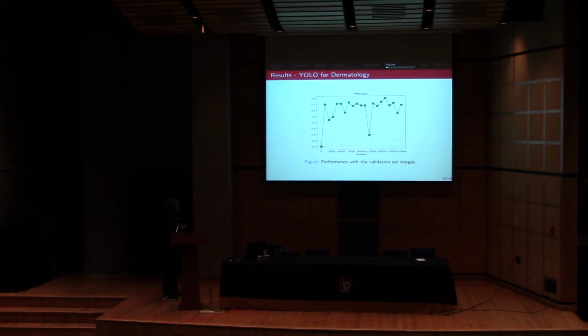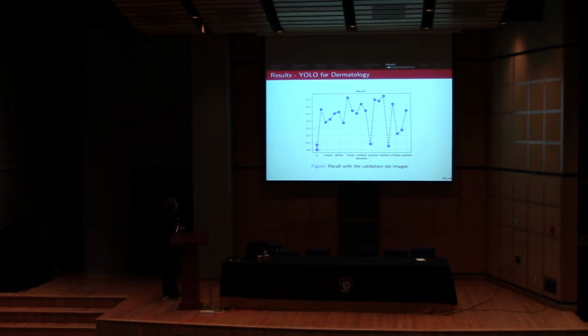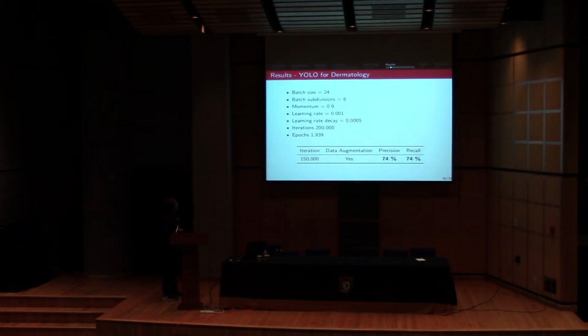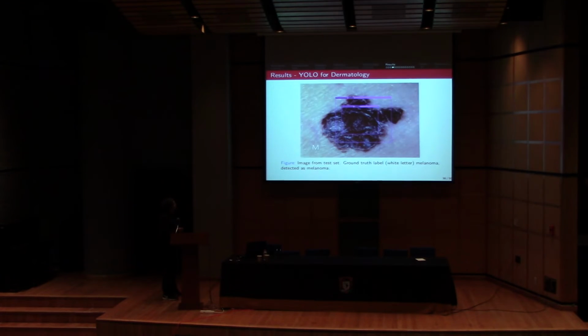The metrics that we're using are precision and recall. So at the end of the training process, we got 74% for precision and 74% for recall using data augmentation. And these are quite nice results, however, they can be improved.